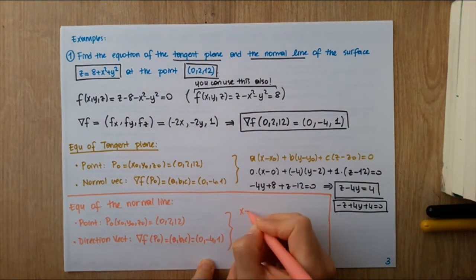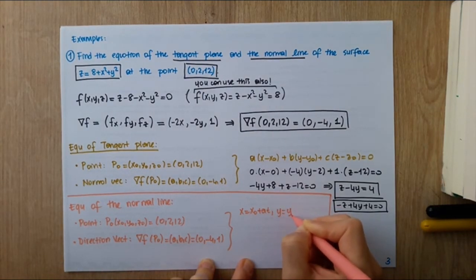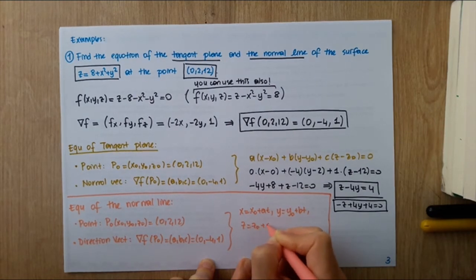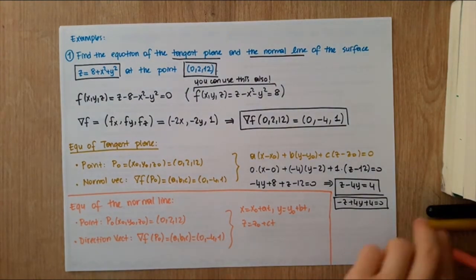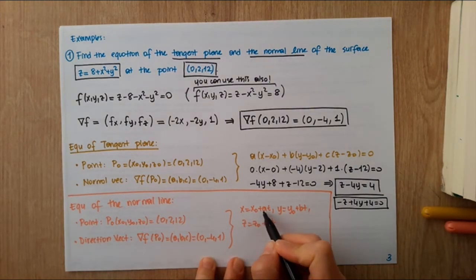So using this, we know the parametric equation of a line. It is x equals x0 plus at, y equals y0 plus bt, and z equals z0 plus ct. Using this formula, I know what x0 and a, y0 and b, and z0 and c are.